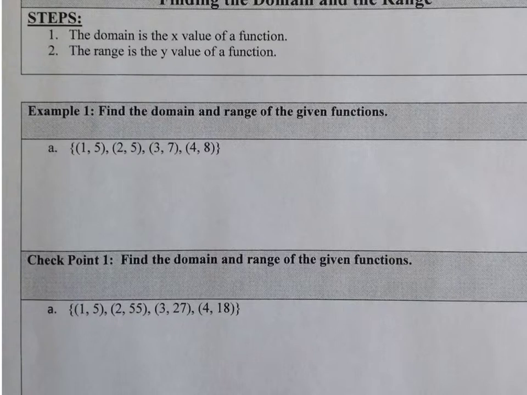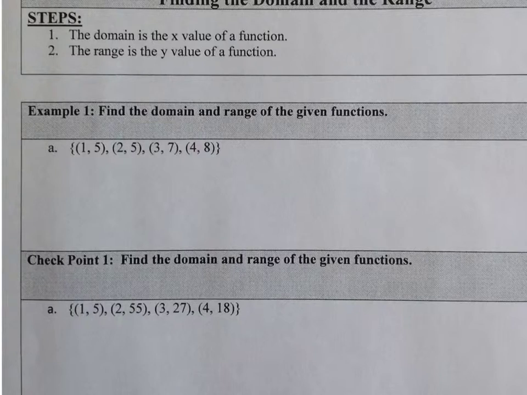It says, find the domain and the range of the given functions. So all the x's are 1, 2, 3, and 4, and that is the domain of our function.